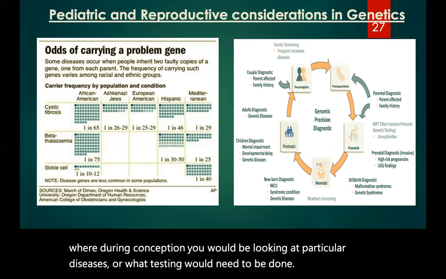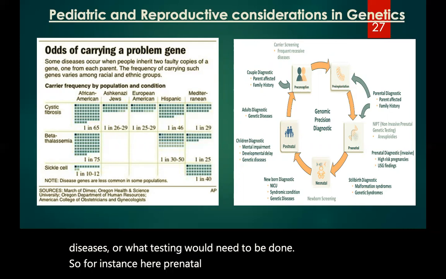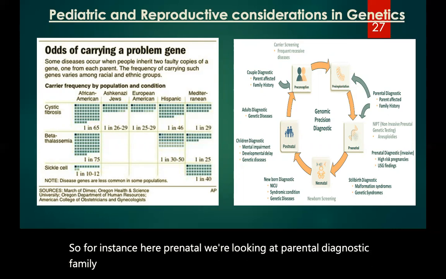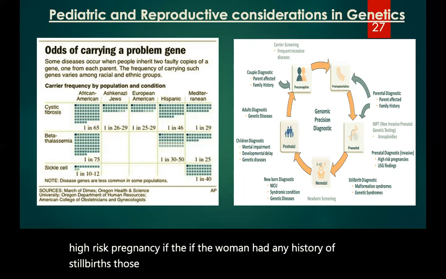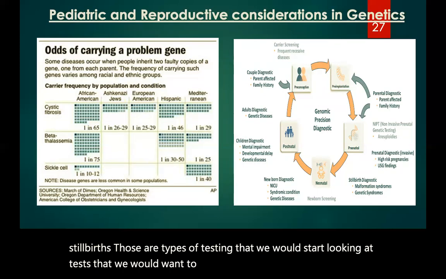So for instance, prenatal, we're looking at parental diagnostics and family history. Those tests would go further if it was a high-risk pregnancy. If the woman had any history of stillbirths, those are types of testing that we would want to start screening for.